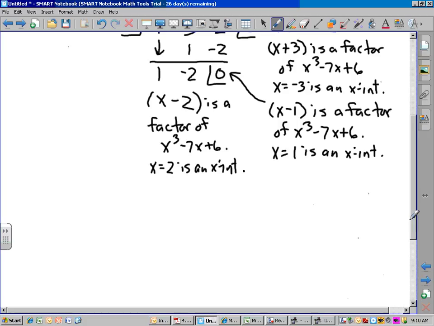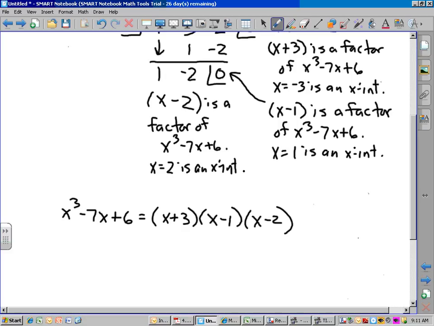So let's rewrite this. X cubed minus 7x plus 6 is equal to x plus 3 times x minus 1 times x minus 2. Those are the three factors that we found. We completely and totally broke down this cubic.